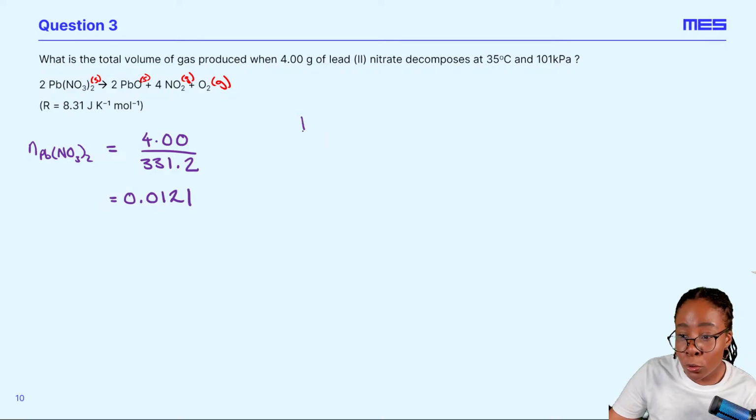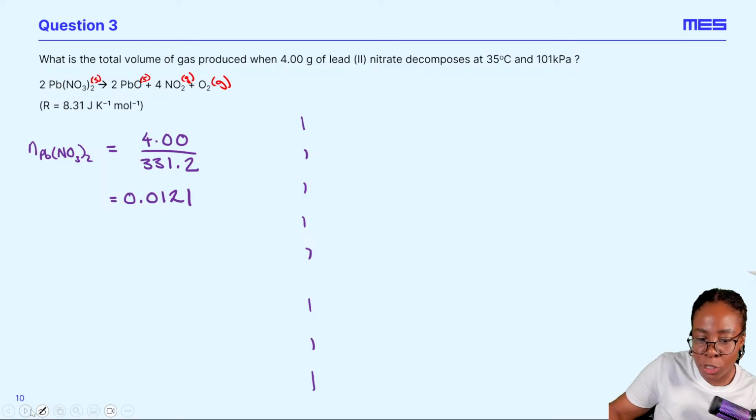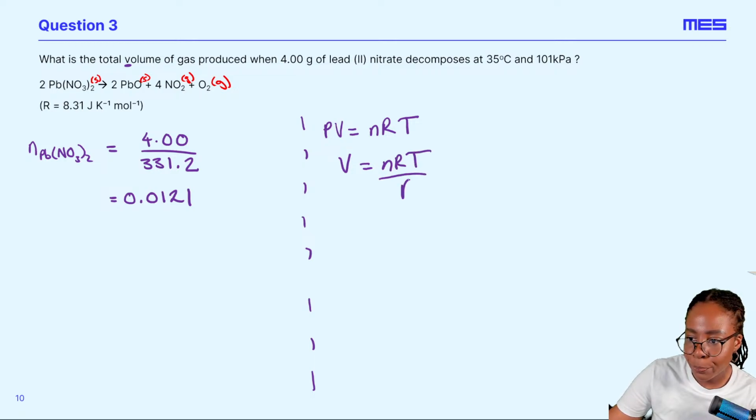And you've already spotted it's a gas, and we've been given temperature and pressure. So we know we're going to have to use the ideal gas equation, PV equals nRT, and rearrange that to get volume. So V equals nRT over P.